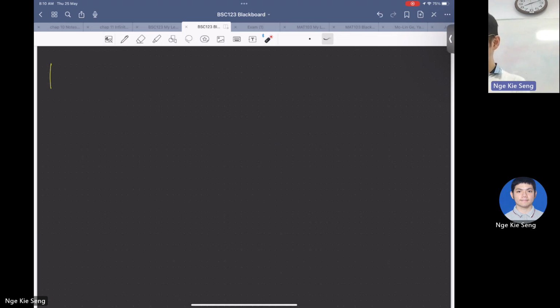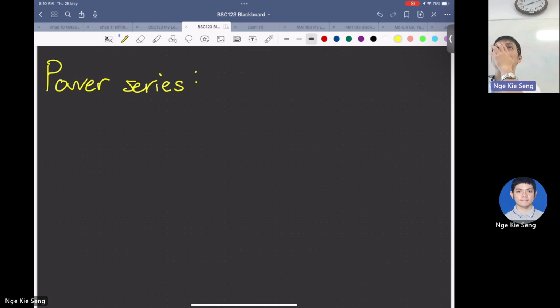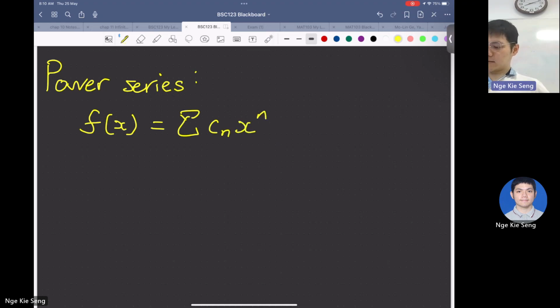Okay, so let's recall what we did last time. Okay, so last time we have power series, right? So what's power series? We write a function f in the linear combination of power of x.